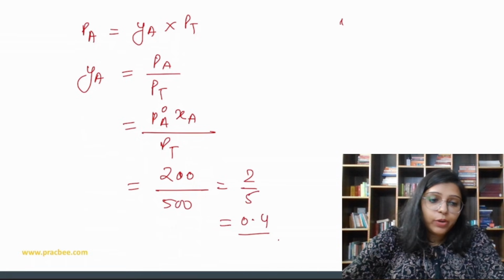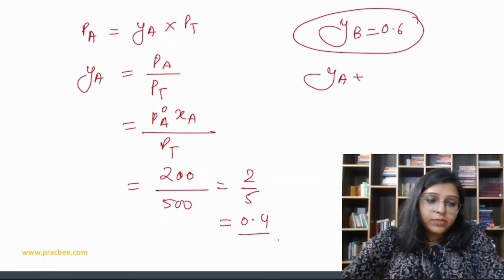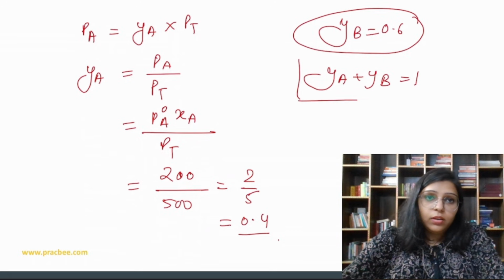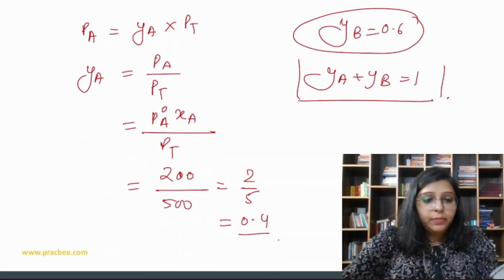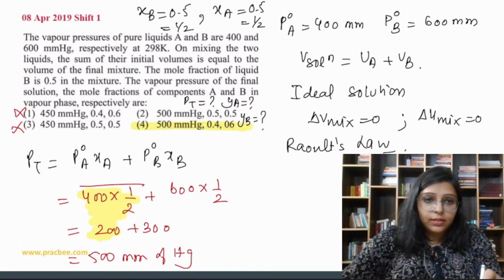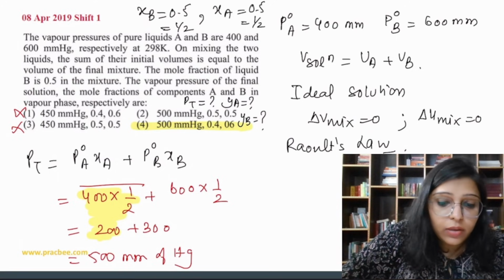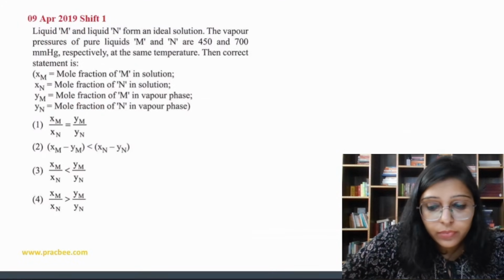So if YA is 0.4, then YB is equal to 0.6. Why? Because YA plus YB is again 1. Okay. So it means we have option number 4 as the answer. Okay. Now let's solve the next question.